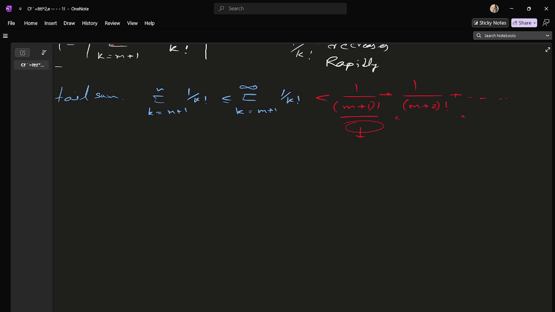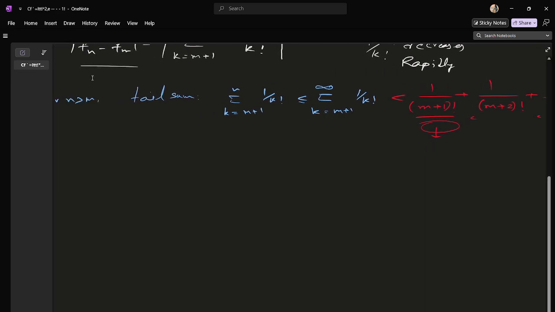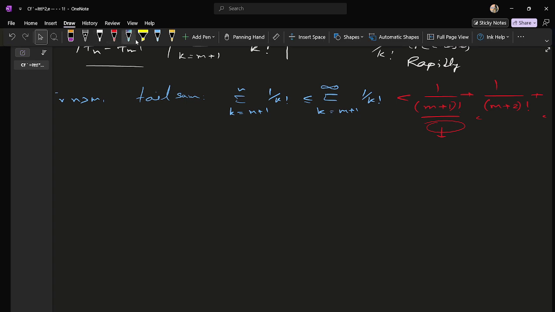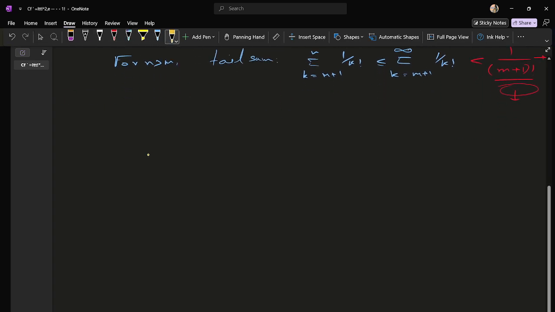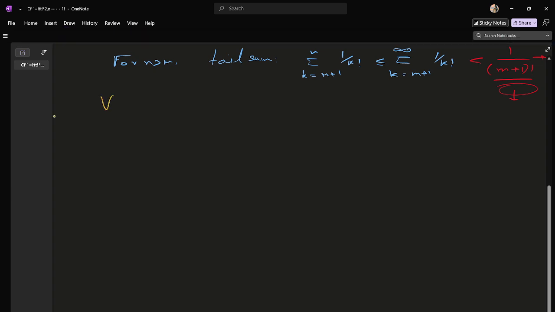So we now conclude using Cauchy's criterion. For all epsilon greater than 0, where epsilon is arbitrarily small, choose N accordingly.